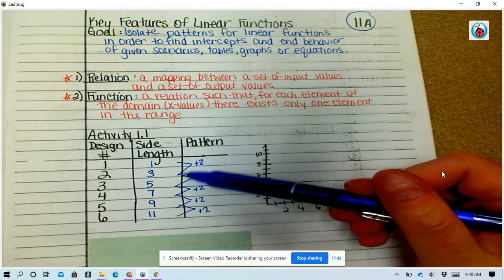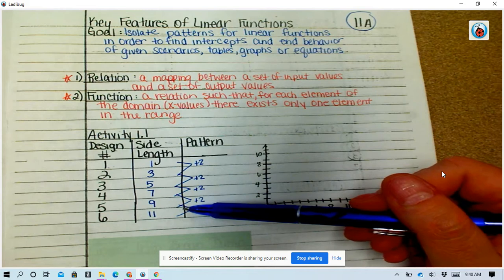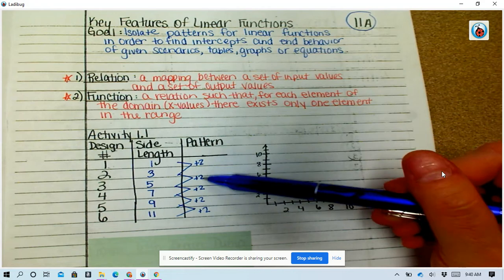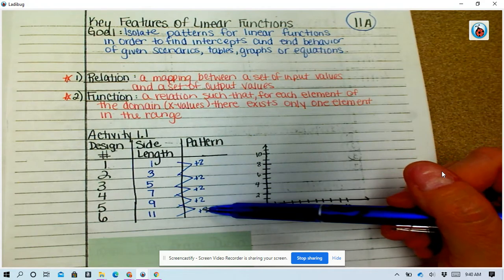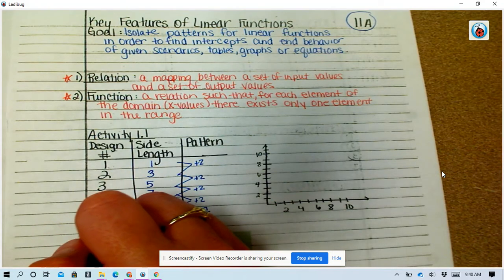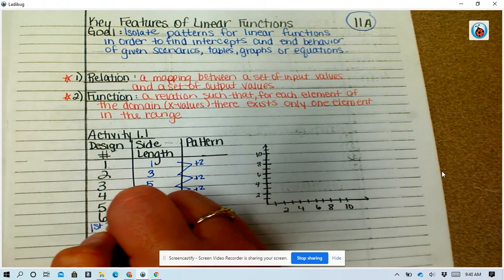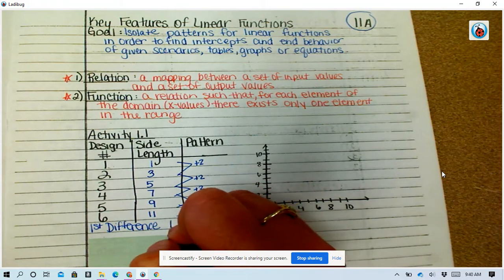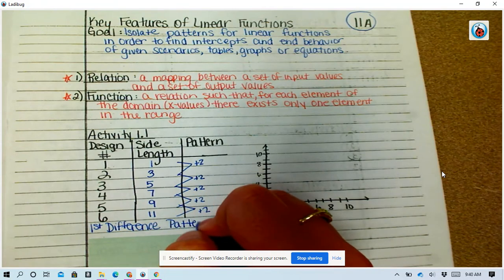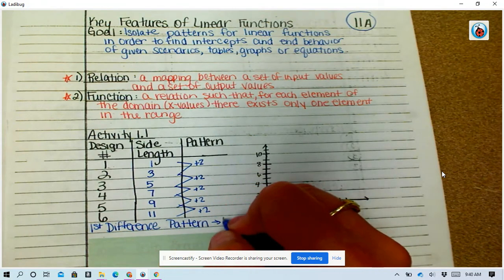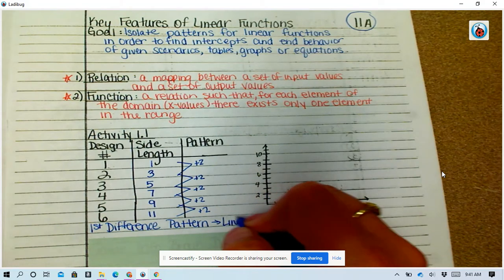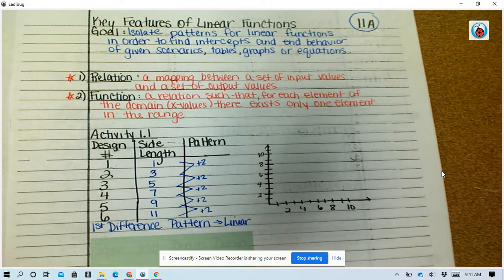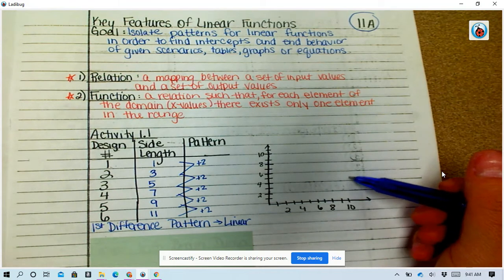So when you're trying to find patterns in data, you notice a first pattern here, we're going to call that a first difference pattern. It's that first difference pattern that tells you that it is going to be a line, or it is going to be linear. And let's show that on the graph over here.